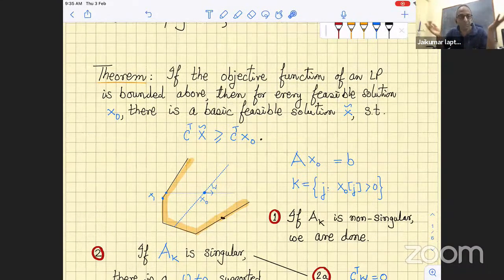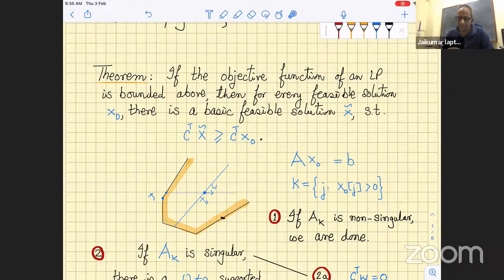If it does, then it becomes a basic feasible solution. Compute the objective function for that basic feasible solution, run through all the basic feasible solutions, and among them find out the best. And if the LP is bounded, then this is a valid algorithm to find the optimum.